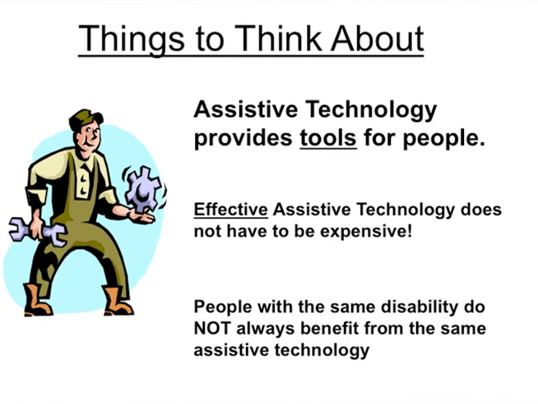Here are some things for us to think about and consider. Assistive technology is meant to provide tools for people. Effective assistive technology does not have to be expensive. People with the same disability do not necessarily benefit from the same assistive technology. Other things to think about are that professionals are not the only source of information about assistive technology.